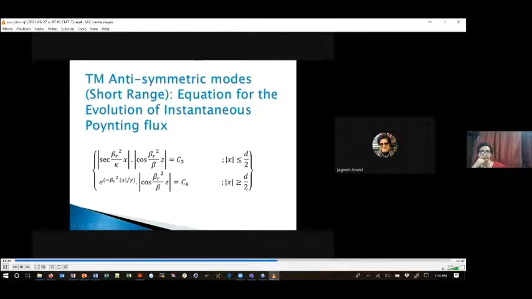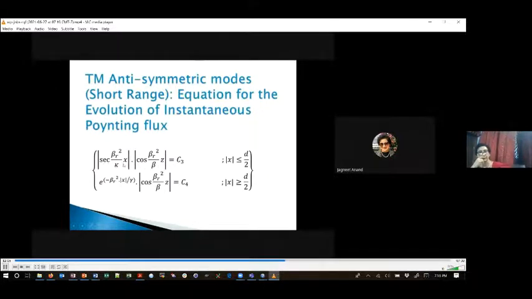Hence, the propagation length in case of the instantaneous Poynting vector will be given by the imaginary part of beta r square by beta. If that is simplified, it is seen that the imaginary part of beta r by beta simplifies to give an expression 1 by beta I. We will discuss it later in the later slides.